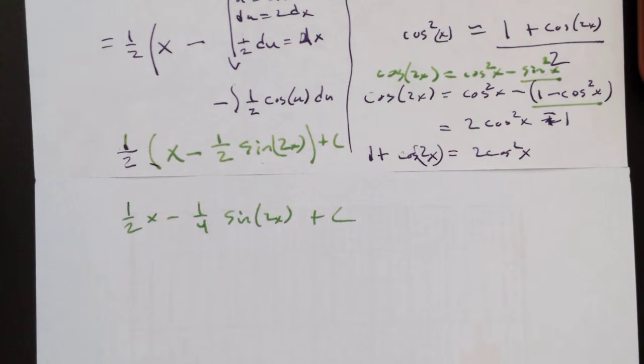Questions? If I have an odd power, I'm going to strip one piece off. So if I have cosine to an odd power, I'll strip off one cosine. My substitution will be u equals sine. If I have an odd power of sine, I'll strip off one sine.